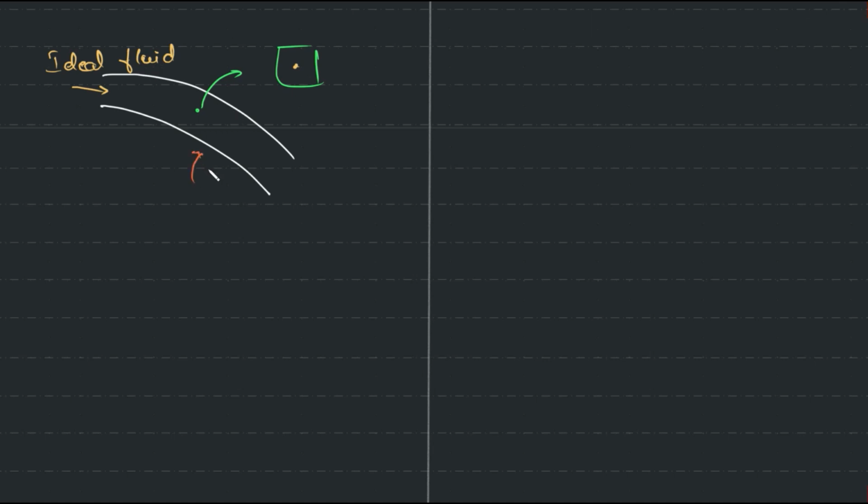So this is a pipe, and we are watching one particular point. This particle too will have the same velocity, that is, the speed and direction will be the same. You see the next particle, and you observe that this too has the same speed and direction. You observe the next particle, and this keeps happening. As you keep observing, you see that they have the same velocity and direction.